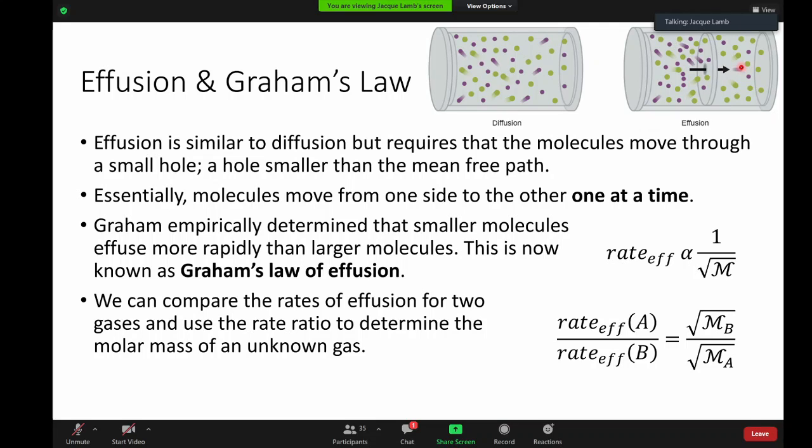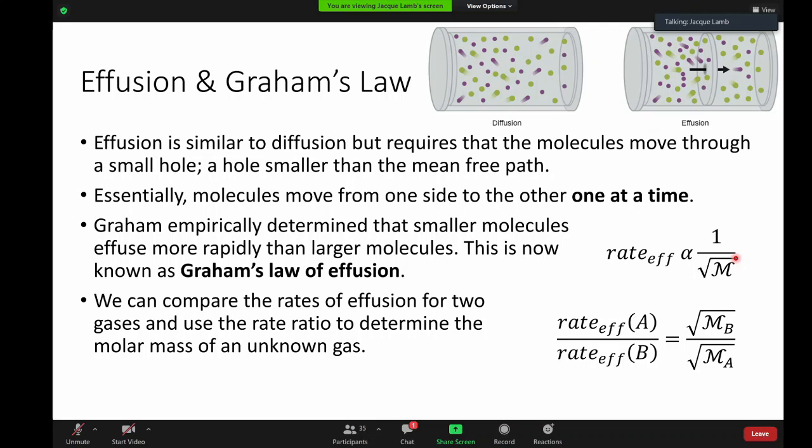We can state that as Graham's law of effusion. The rate of effusion is proportional, that's what that symbol means, is proportional to the inverse of the square root of the molar mass. So the heavier the particle, the slower the rate of effusion.